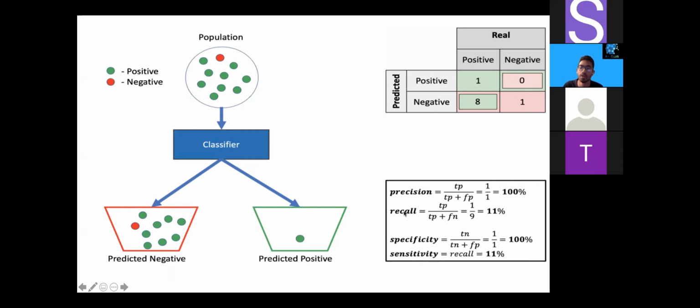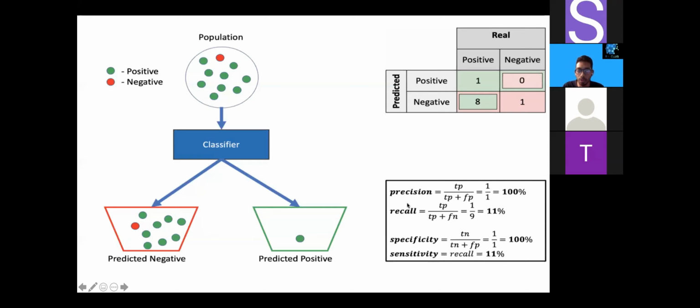What is recall? Recall is basically how many positive values there are. There are actually nine positive values, but how many of them did the model put in the right bucket? Only one of them was put in the right bucket and the rest were put in the wrong bucket. So the recall would be 1 by 9, which is 11%.